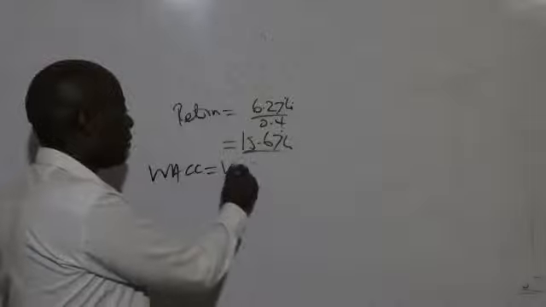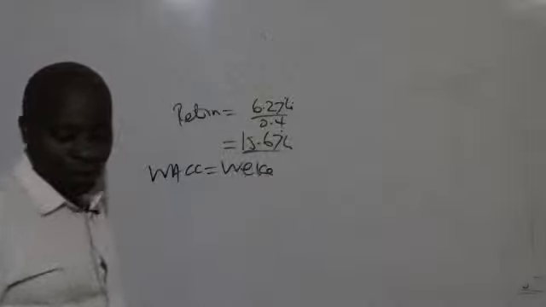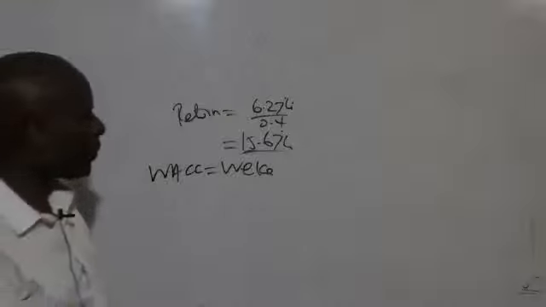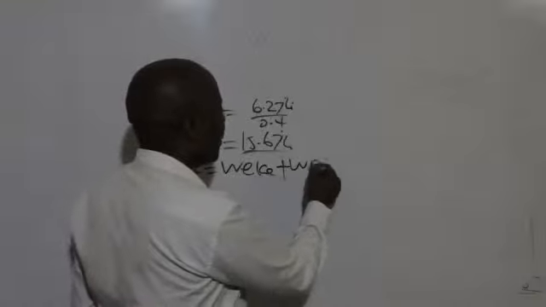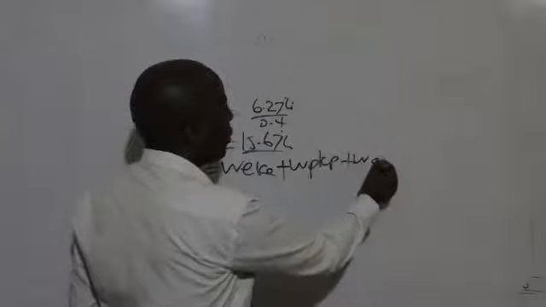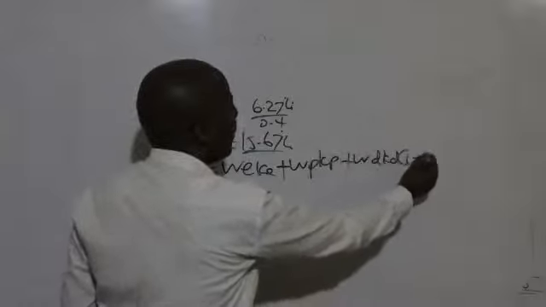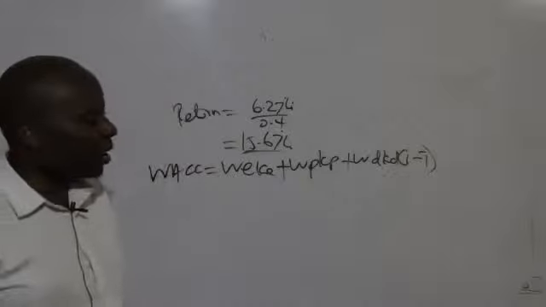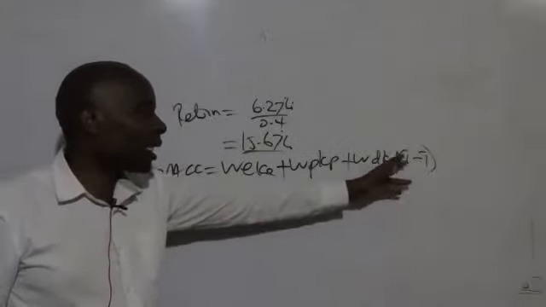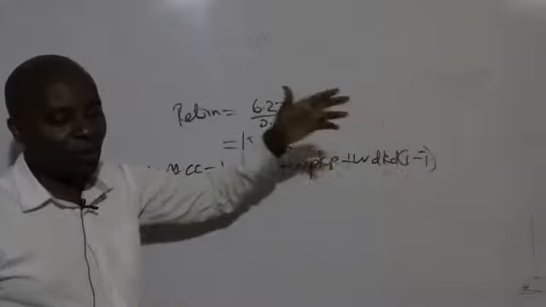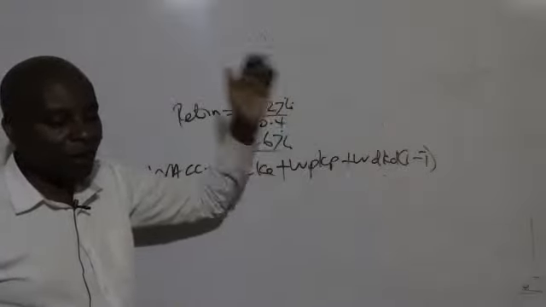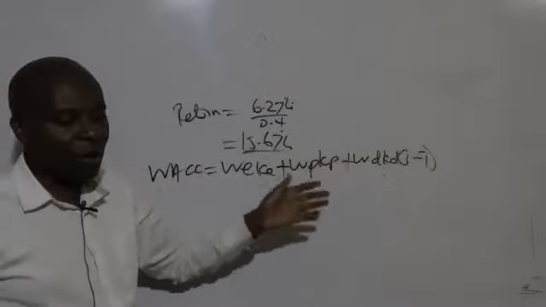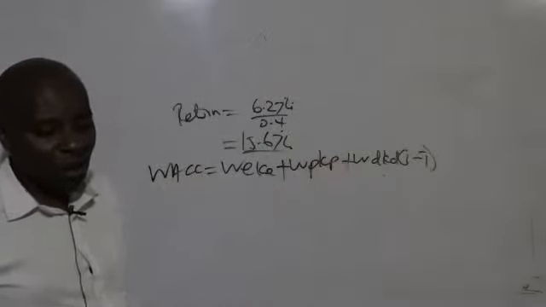It will be weight of equity times cost of equity, plus weight of preference times cost of preference, plus weight of debt times cost of debt. But remember, cost of debt, unlike the others, has to be tax deducted, because on debt we normally pay interest, and that interest is tax allowable.